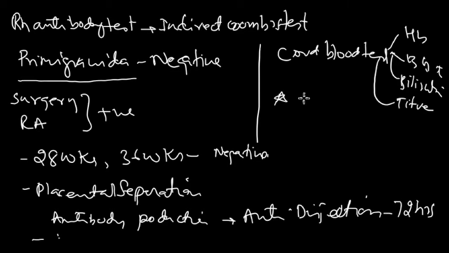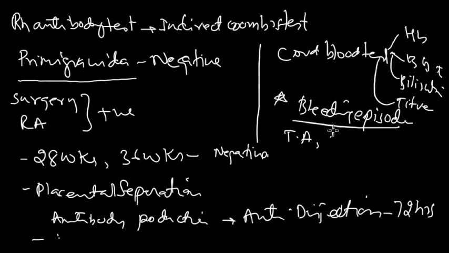Here, I just want to add one more thing. If there is any bleeding episode during pregnancy, like threatened abortion or antepartum hemorrhage, or if there is any procedure done in which fetal red cells may enter into the maternal circulation, like chorionic villus sampling, in these situations also anti-D injection is given to stop the antibody production, because fetal red cells will be covered by preformed antibodies and mother will not be sensitized.